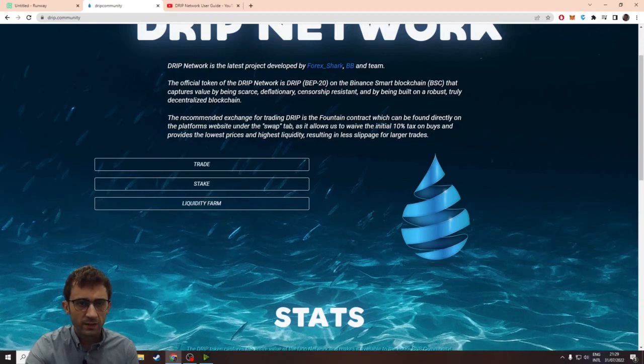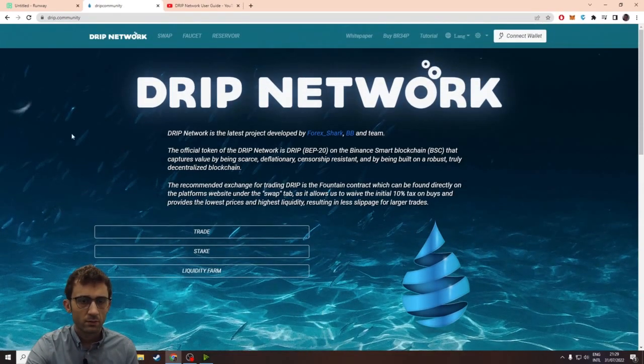So the recommended exchange for trading Drip is the Fountain contract, which can be found directly on the platform's website under swap or trade, as it allows us to waive the initial 10% tax.